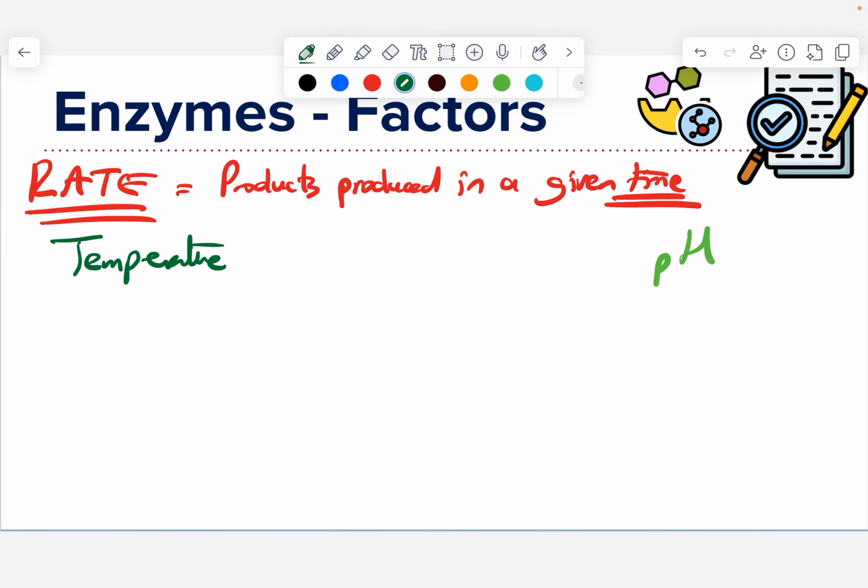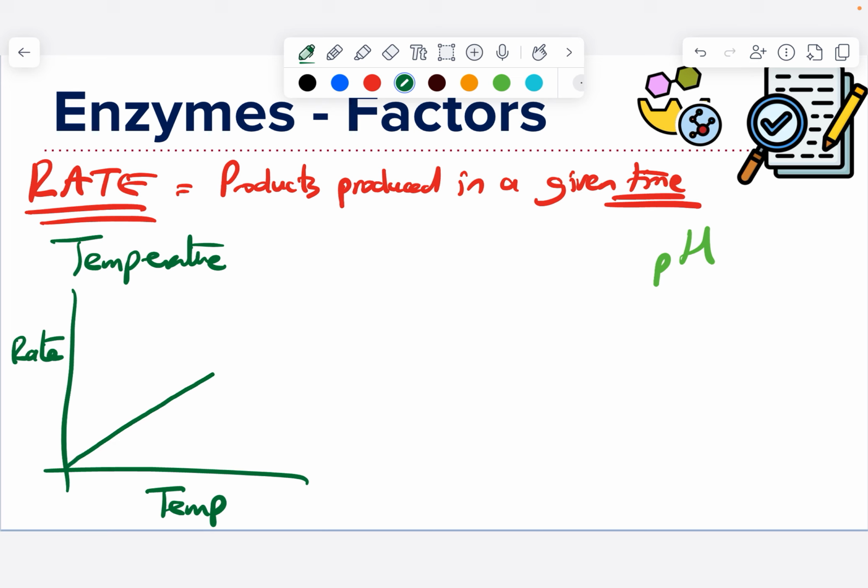So if we look at temperature, you need to be able to describe and explain the effect of temperature on the rate of enzyme reactions. So just listen to how I describe it. As temperature increases, the rate of enzyme activity increases up to a certain point, and then it rapidly decreases.